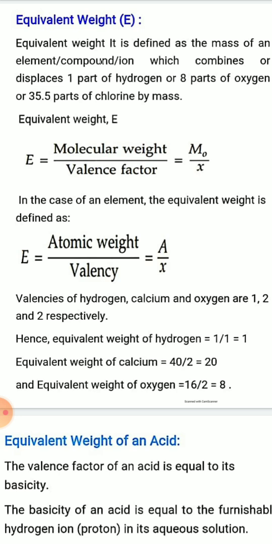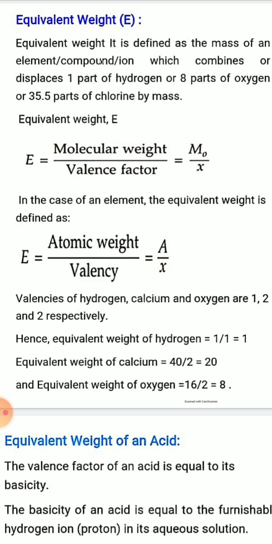So equivalent weight can be represented in terms of hydrogen, in terms of oxygen or in terms of chlorine. Okay, this is the definition of equivalent weight.